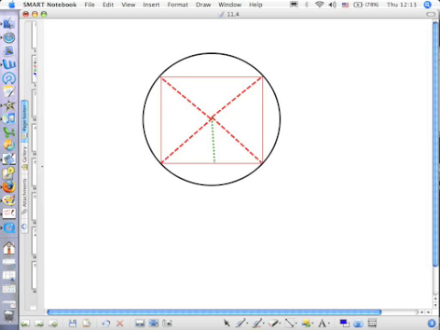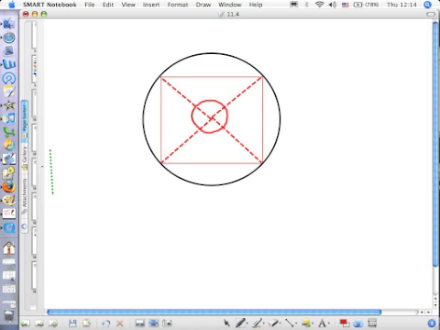Now, let's take the apothem out for a second. What do these 4 central angles form? All of them put together form a circle, don't they?